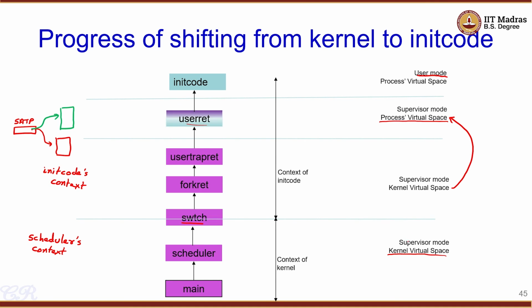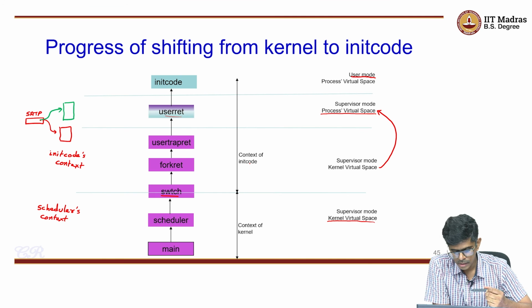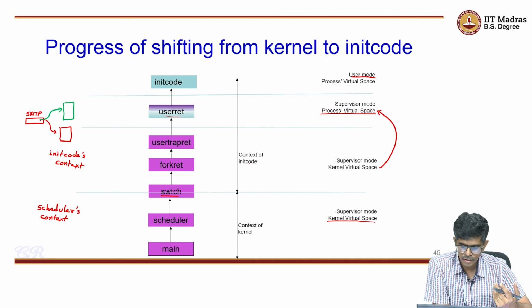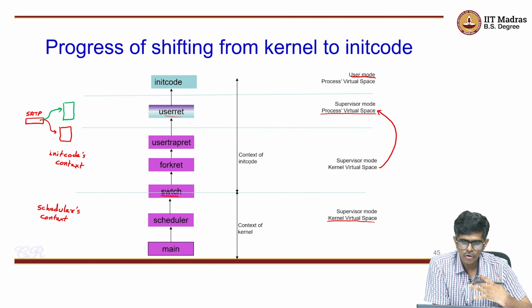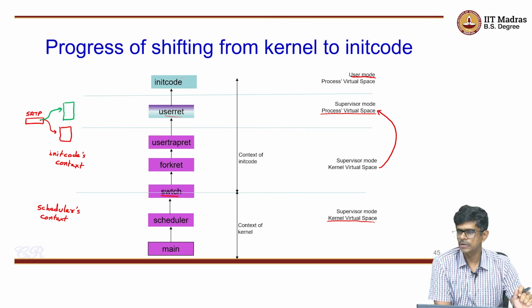In this case, we are switching from the kernel's virtual address space to the process's virtual address space. Third, we are also switching between different contexts, from the kernel's context to the context of the init code. And fourth, we are moving from the supervisor mode to the user mode. So, all of these transformations need to occur for the init code to execute.